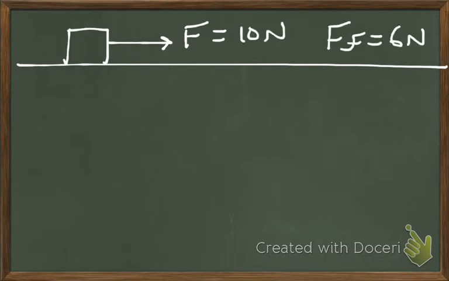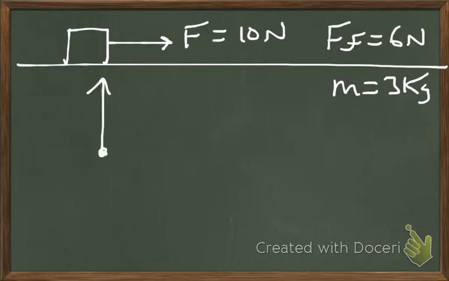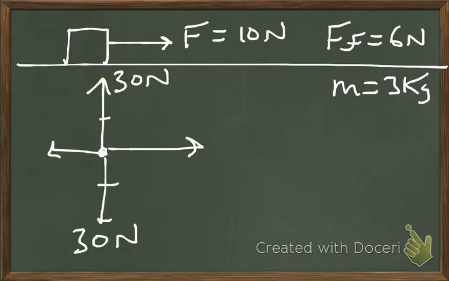So we're pulling a box across the floor, and we're pulling with a force of 10 newtons, and the friction is not 10, so the friction is less. So we have 6 newtons resisting it. Okay, our mass is 3 kilograms. So we're going to do the same thing we've always done. I'm going to draw a force diagram, and we're going to fill out the things we know that are really easy.